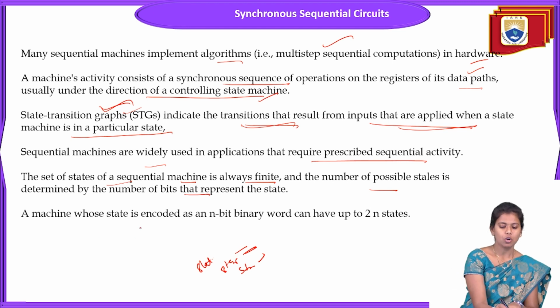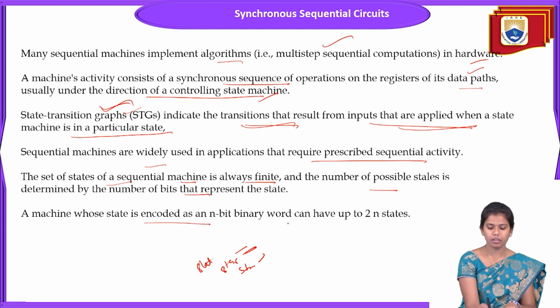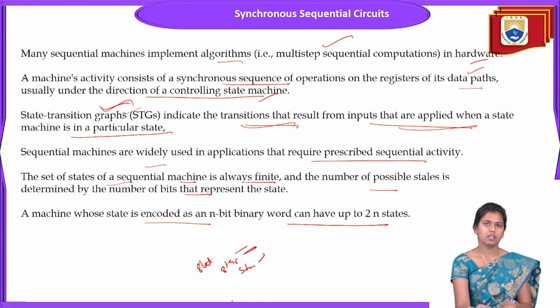And a machine whose state is encoded in an n-bit word can have up to 2 to the power n states. So if you have n bits, the state presents the n bits, and it can encode 2 to the power n combinations of information. So the encoding part can also be carried out with respect to the state transitions.